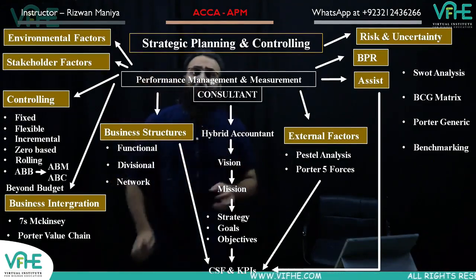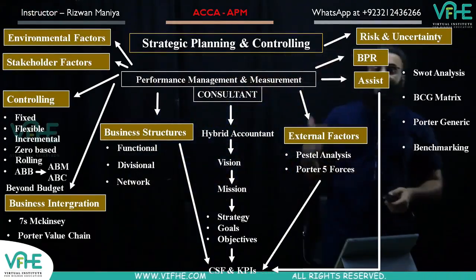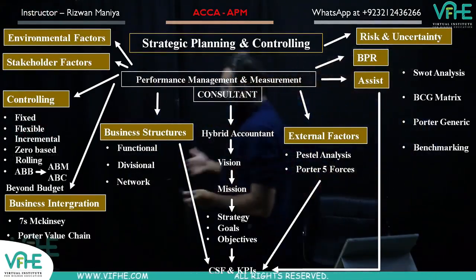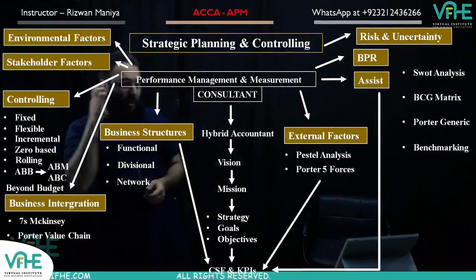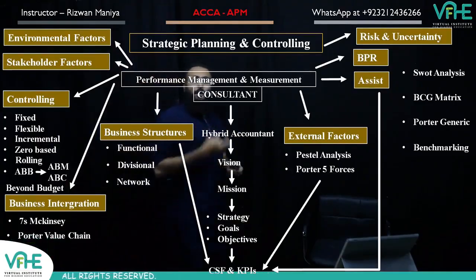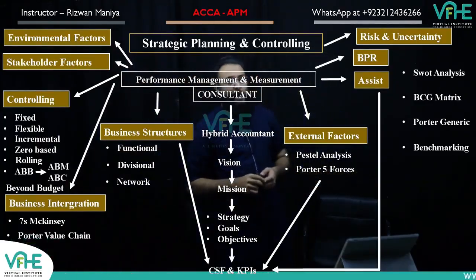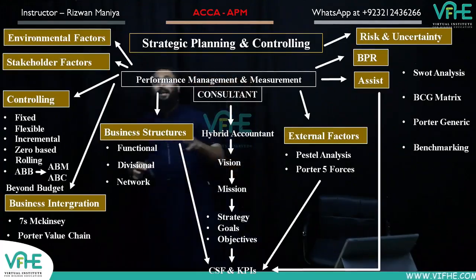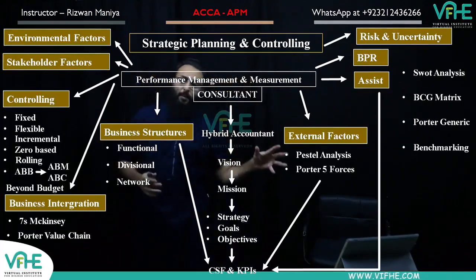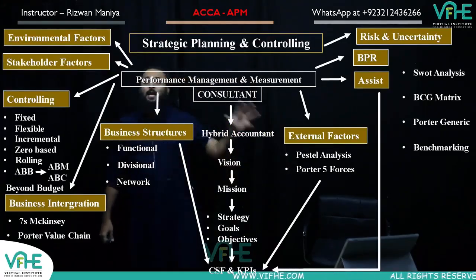Then you have BPR, business process re-engineering. Business process re-engineering means what? Fundamental rethinking, radical redesigning of the business processes. A method through which we bring massive change into the business structure and the business process.